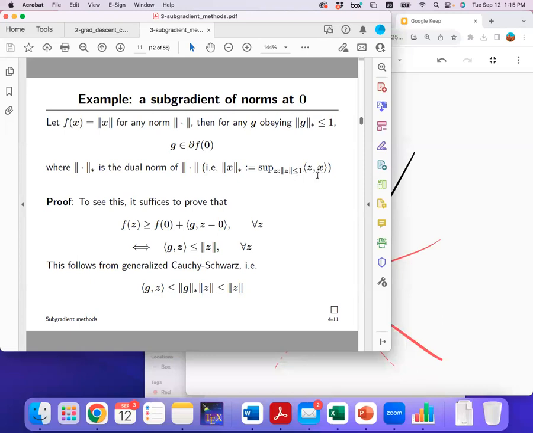We call this the dual norm of x. But you can just understand it as another norm.